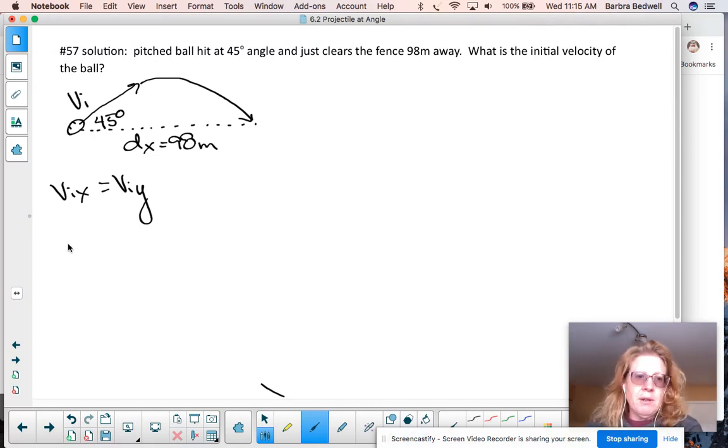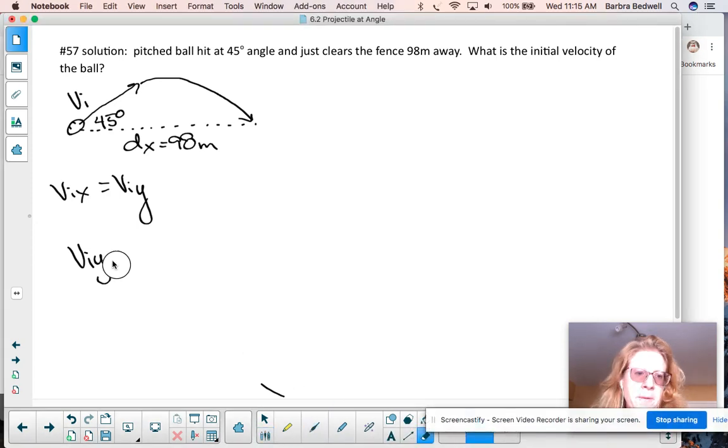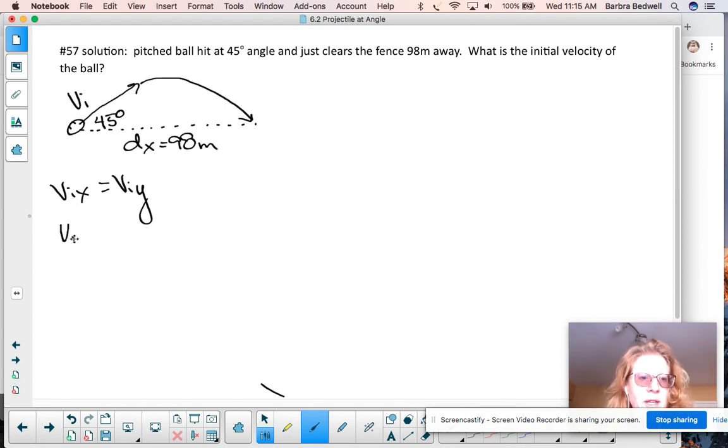So here's how I solve this one. I'm going to look at the horizontal component of its motion first. Hold on, I've got to get my eraser here. Sorry, my bad. I'm going to do VIX equals dx over t, the horizontal component, because that's the only other piece of information I have, something about its horizontal motion.